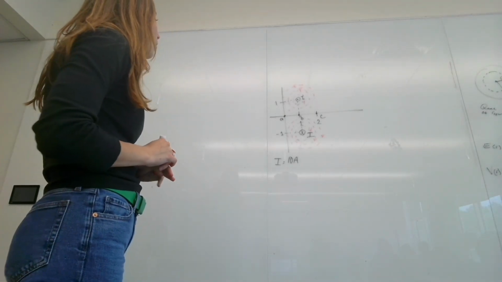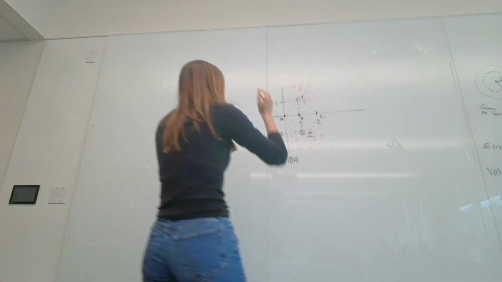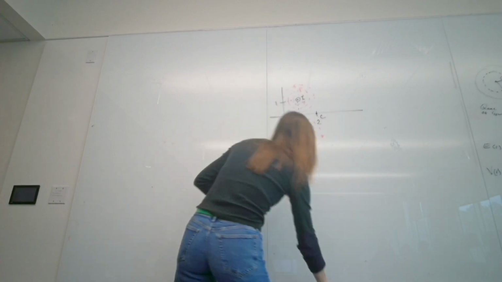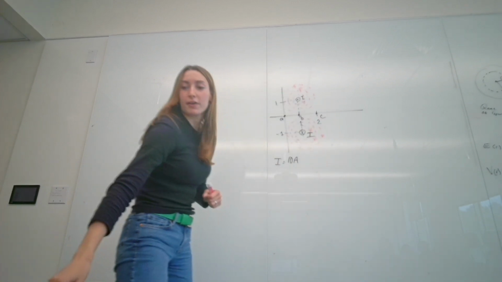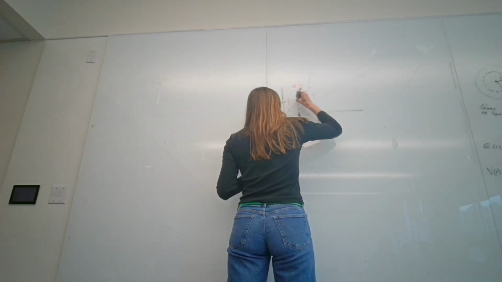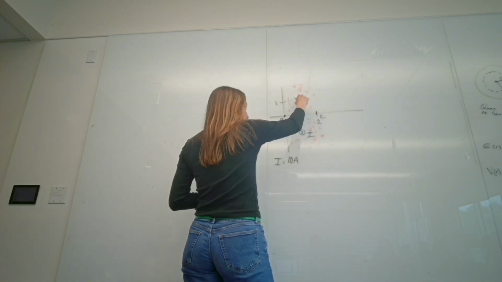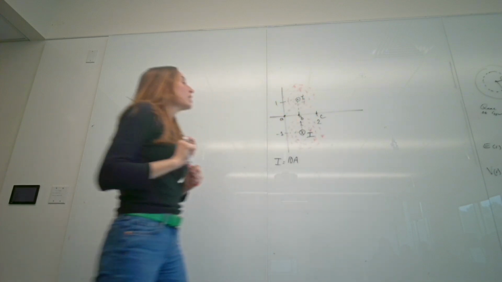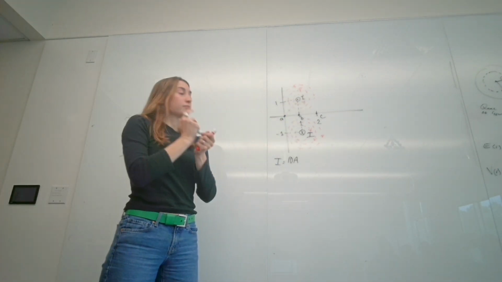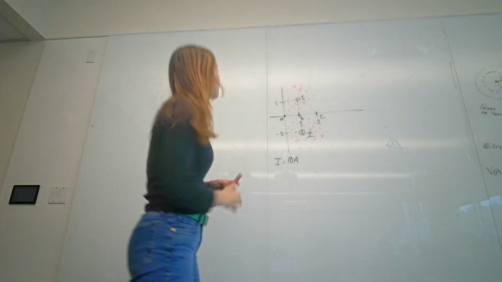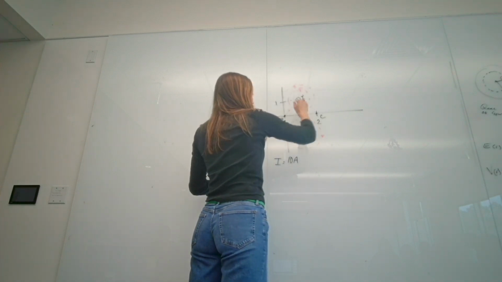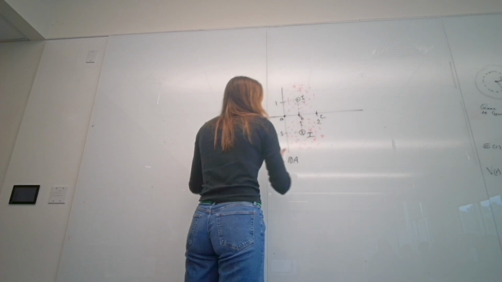So where my B field intercepts point A is important. Another way to show this that I find really helpful is if I draw the radial distance between the center of my wire and my point, my B field at this point is going to be perpendicular to that radial distance. Which means for this one it's going to be perpendicular and down, and for this one it's going to be perpendicular and up, right?